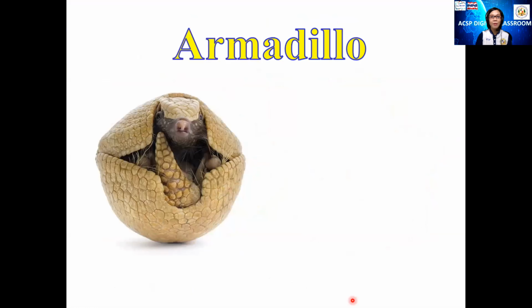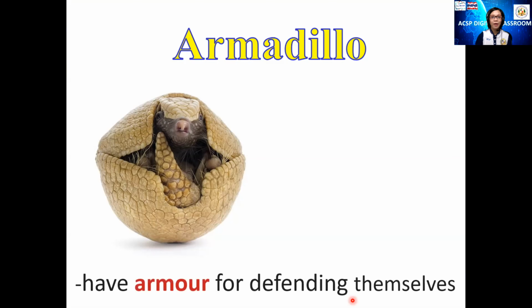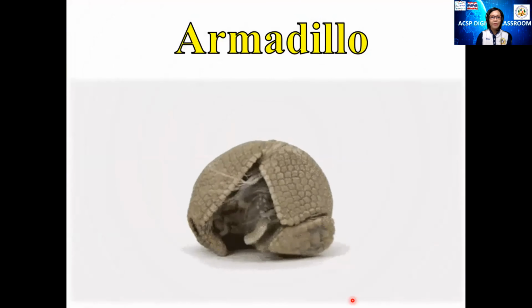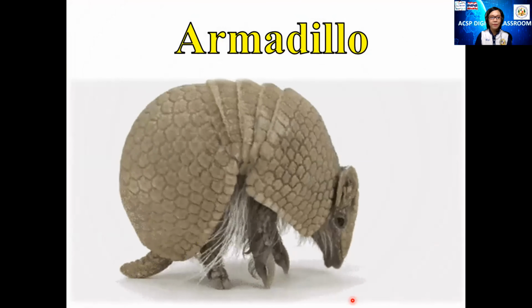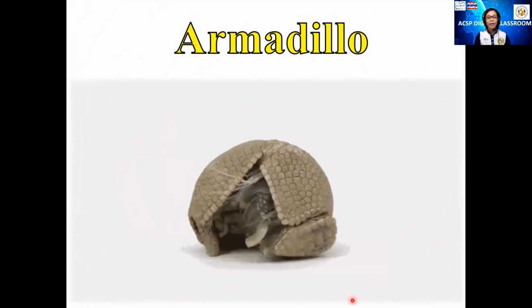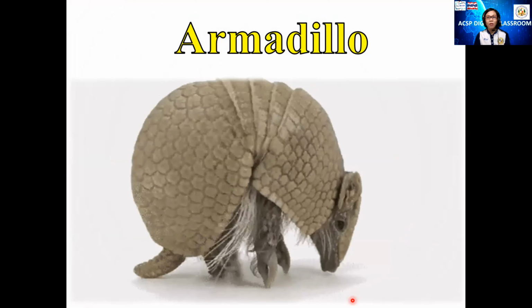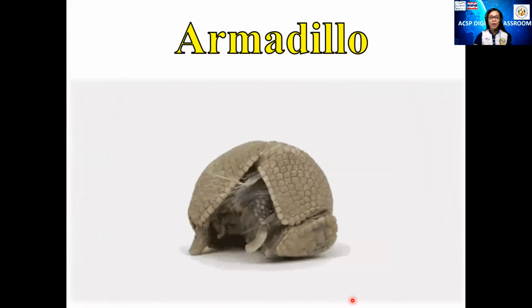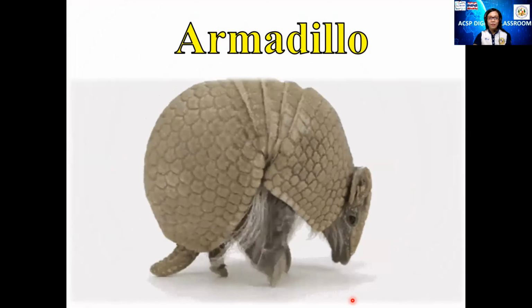This is an armadillo. Armadillos have armor on their body. This armor is for defending themselves, for protection also. As you see here, this is an armadillo, and they can roll themselves into a hard armored ball to defend themselves against predators.